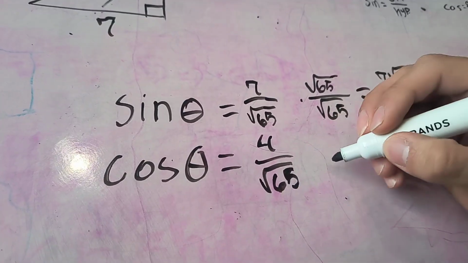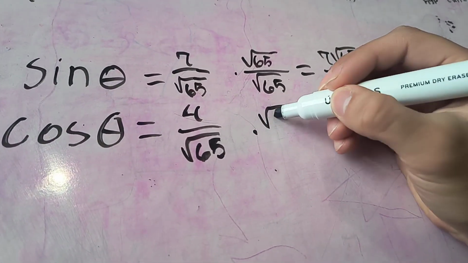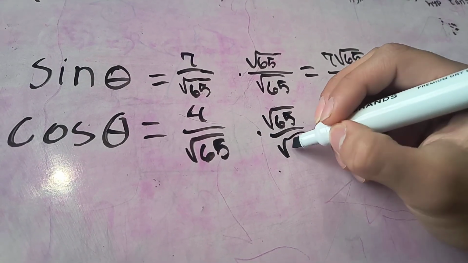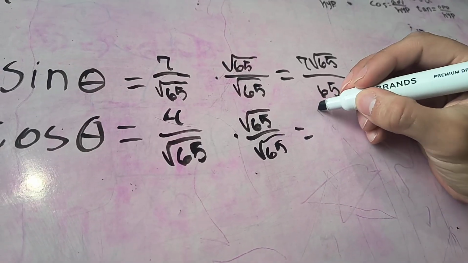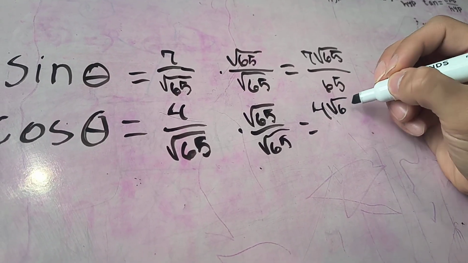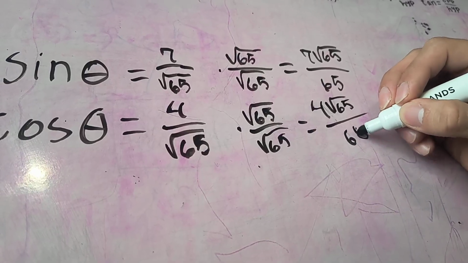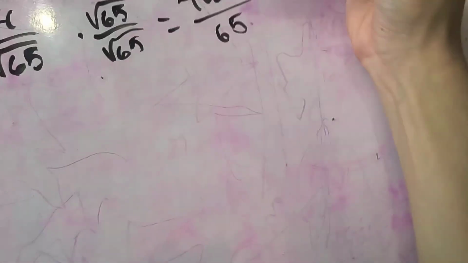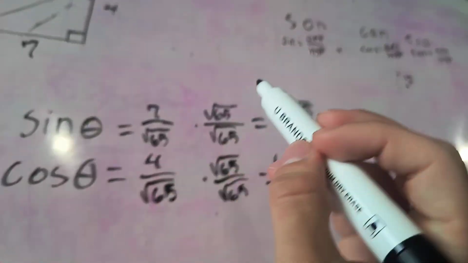Let's get the radical out of there again. We're multiplying both by square root of 65. So the cosine for this angle theta is equal to 4 times the square root of 65 over 65.